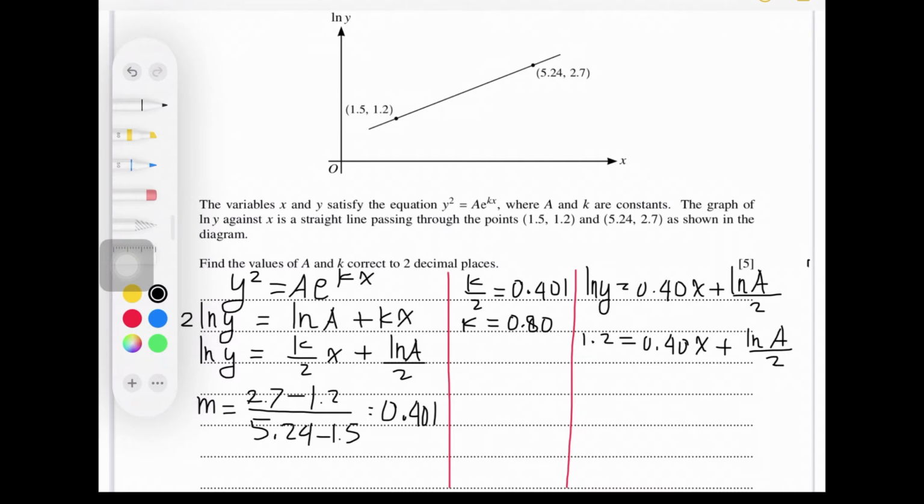Sorry, the value of x is 1.5. Solving this equation, we can find the value of a is 3.31.